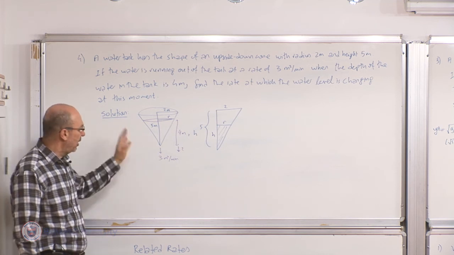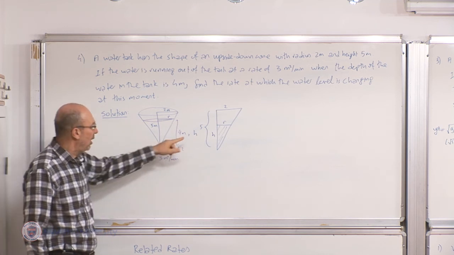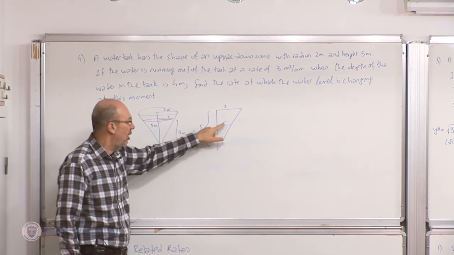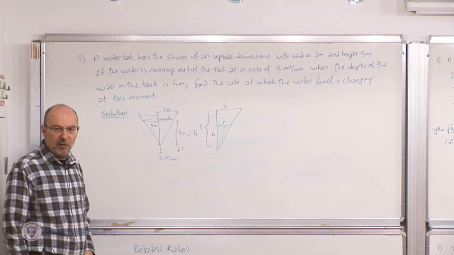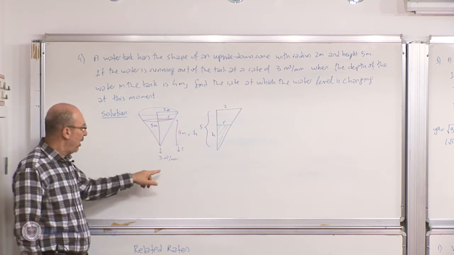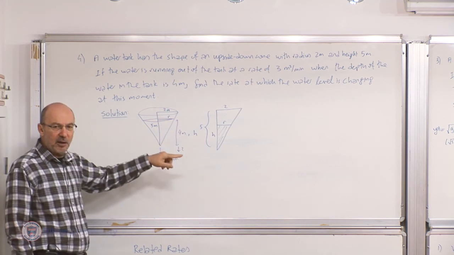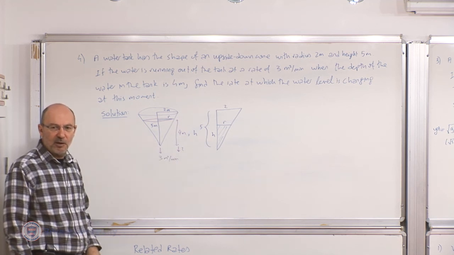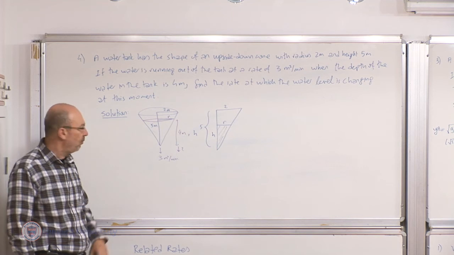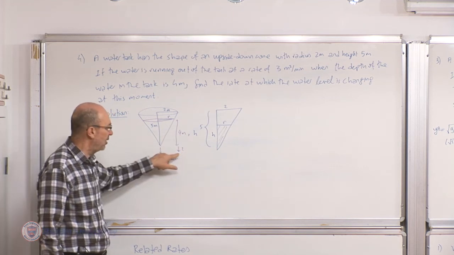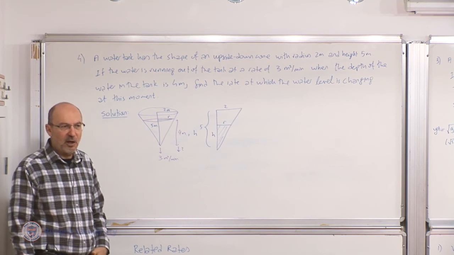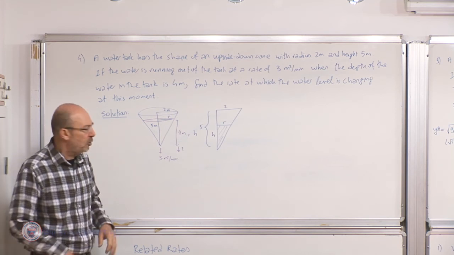I can write the volume in terms of h only, because r depends on h. I take the derivative. V prime is minus this number. In the expression, I'll have h squared, h cubed something. The derivative involves h and h prime. H is given. H prime is asked. So everything is perfect. It remains now to start the calculus problem.